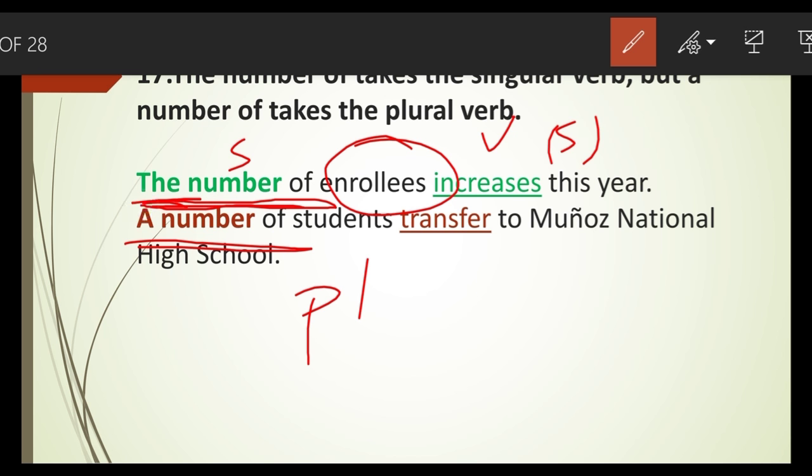Paano siya magiging plural kapag a na siya? Article A. A number of. So, dito yung students natin plural pa din. Dito, plural din yung ating verb. Ito yung ating verb transfer to Muñoz National High School. Paano siya naging plural? Kasi nga, a number. So, ulitin ko, a number, plural yan. The number of singular yan.